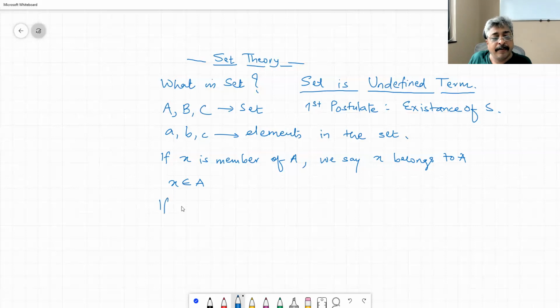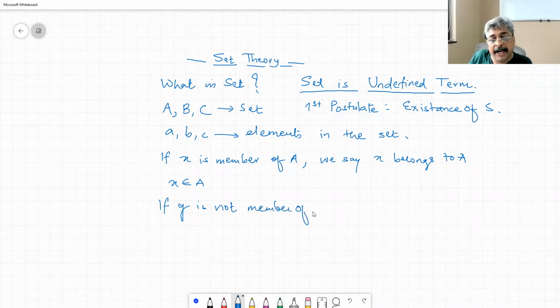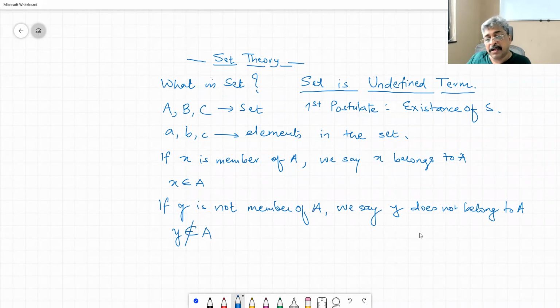If y is not a member of set A, we say y does not belong to A, and we write it as y does not belong to A. See the efficiency of mathematicians.